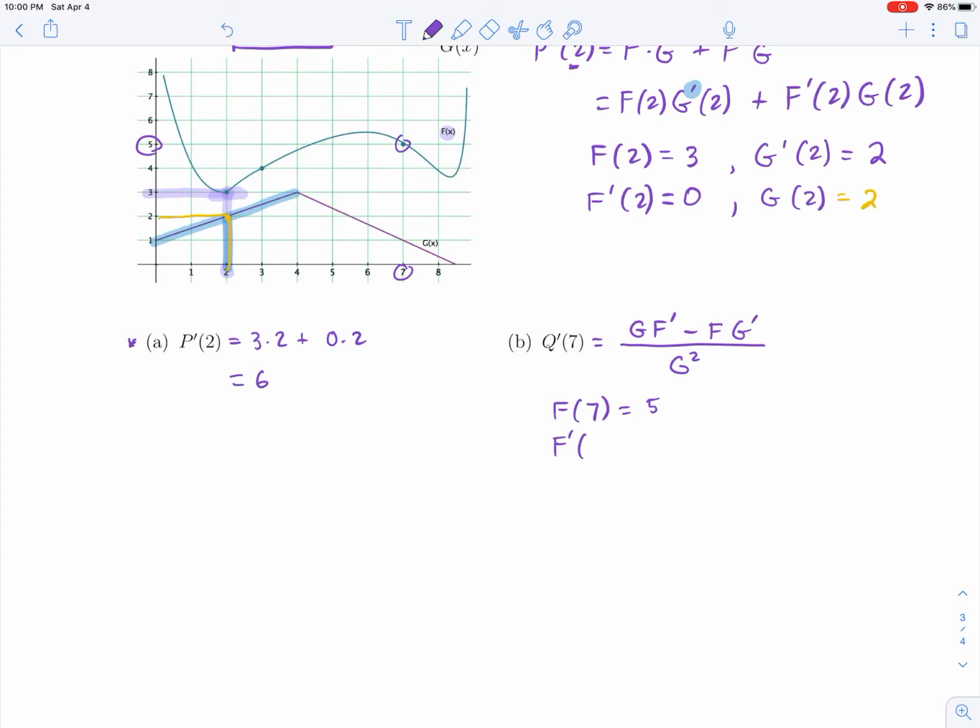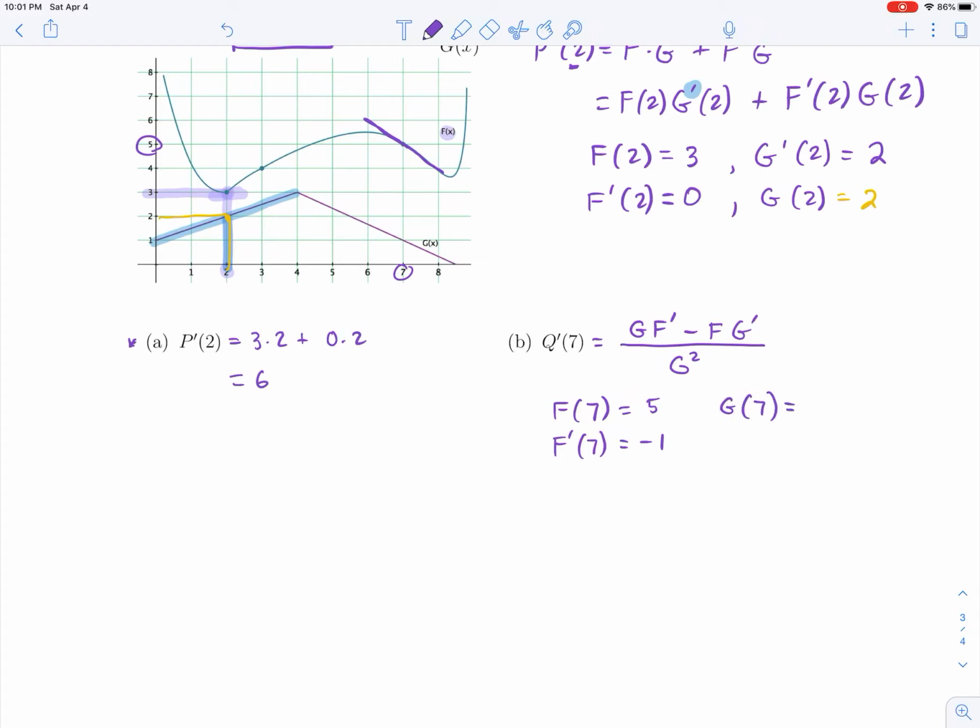We need f prime at 7. So here we need the tangent at this point, which I don't think is obvious, but we can guess at it. So the slope of this line here, let me erase it so we can see it again. Tangent here. I'd be willing to say that that's a slope of -1.